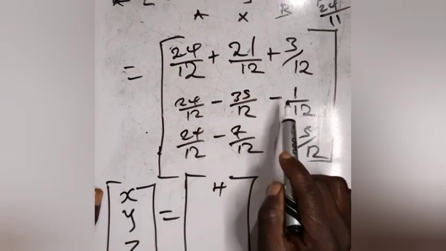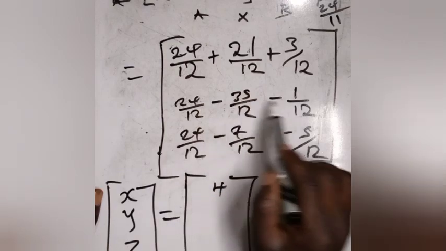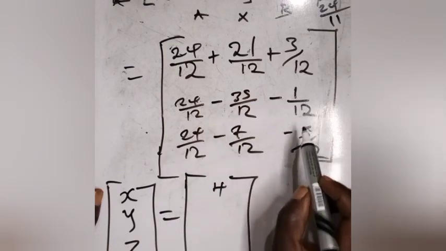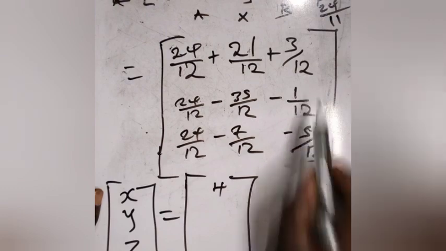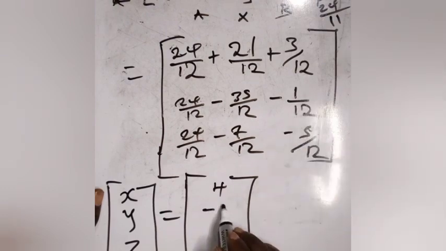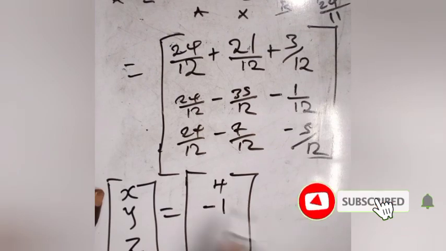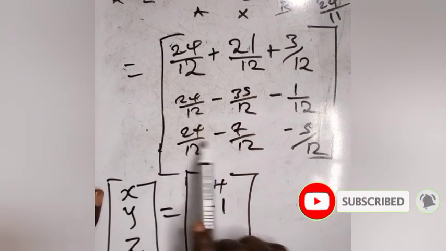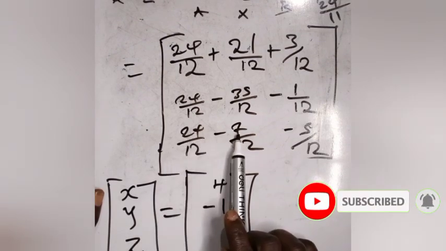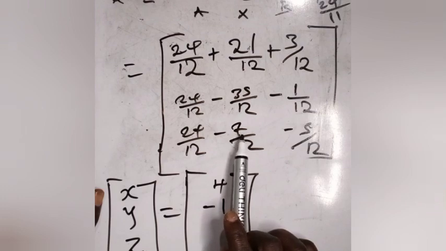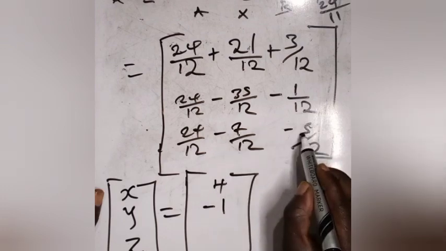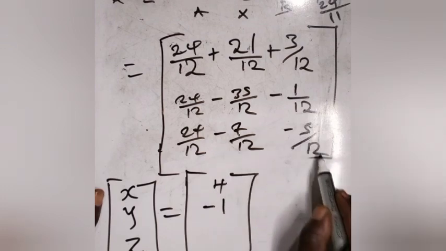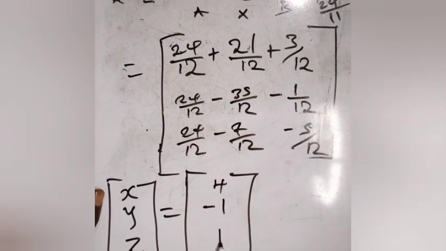Minus 11 minus 1, which is minus 12. 12 divided by minus 12, which is minus 1. Then here 24 minus 7, which is 17. Minus 5, which is 12. 12 divided by 12, which is 1.